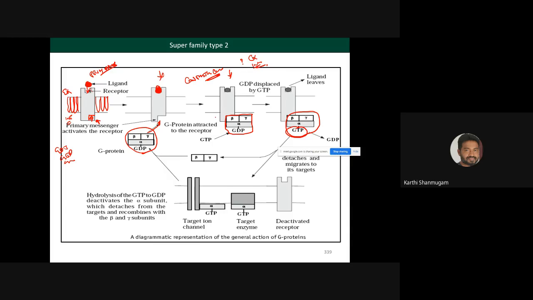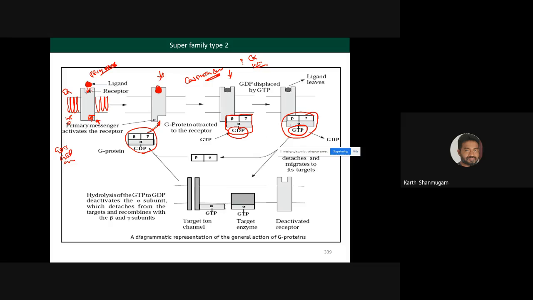Immediately, because of the binding of G protein to GPCR, the GDP attached to the alpha chain of G protein is converted into GTP. One additional phosphate is added, so this system is highly unstable.